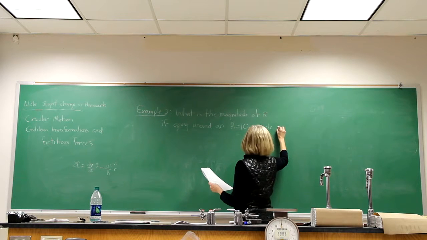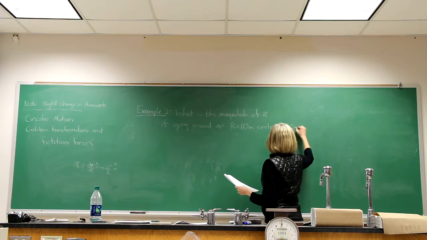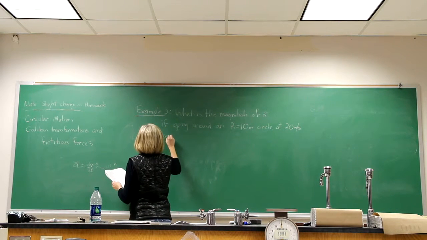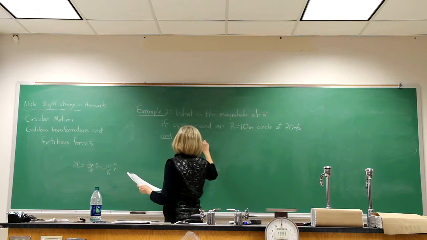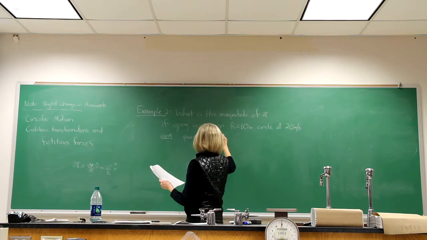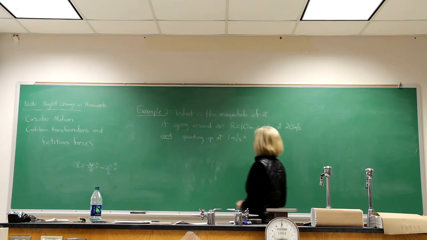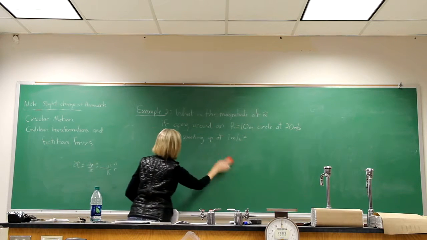And, oh wait, we have to say how fast. At, let's make it 20 meters per second. And here's the big and speeding up. And the rate of speed up is 1 meter per second squared. So let's make sure that we're comfortable with what that kind of looks like.